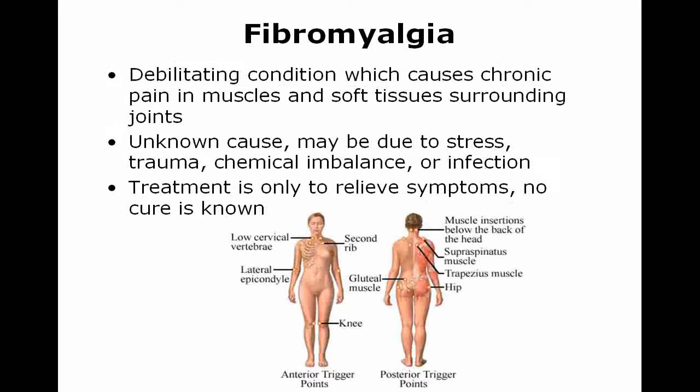The first condition is fibromyalgia. And if you remember much from medical terminology, which I sure hope you do, the algia is pain, the my is muscle, and fibro here refers to fibrous tissue. The fibromyalgia is a chronic pain condition associated with stiffness and tenderness affecting muscles, tendons, and joints throughout the body.